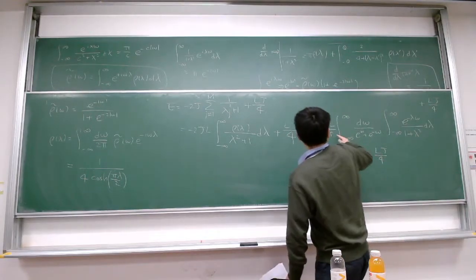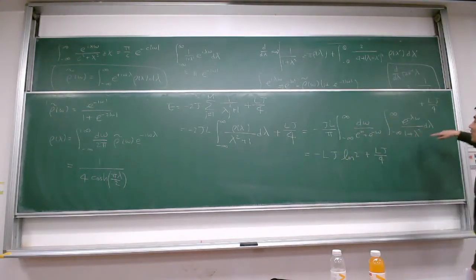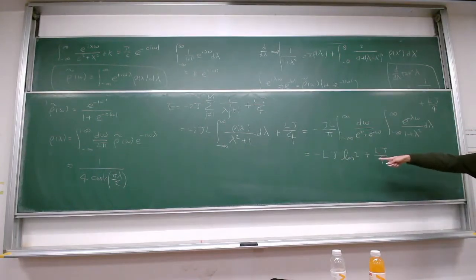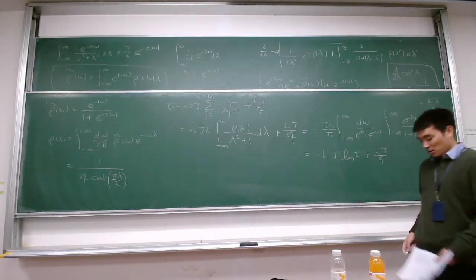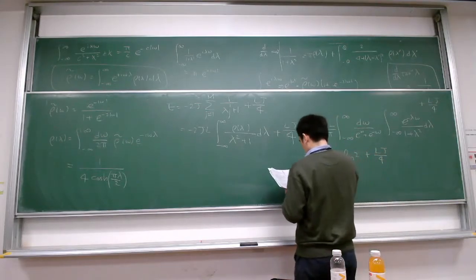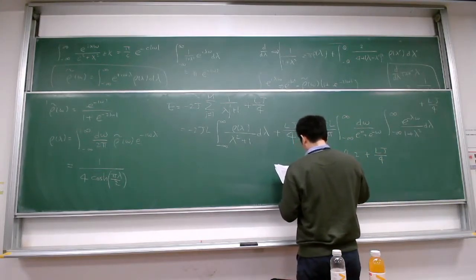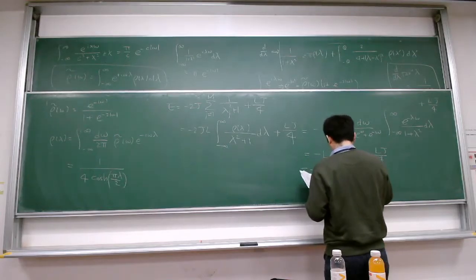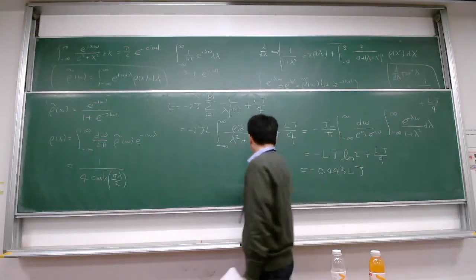So this integral, one can just perform exactly, which will give you a log 2. And this is equal to minus 0.443 LJ, around minus 4 times that.